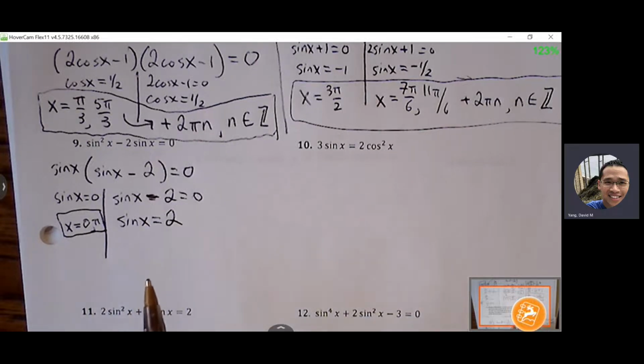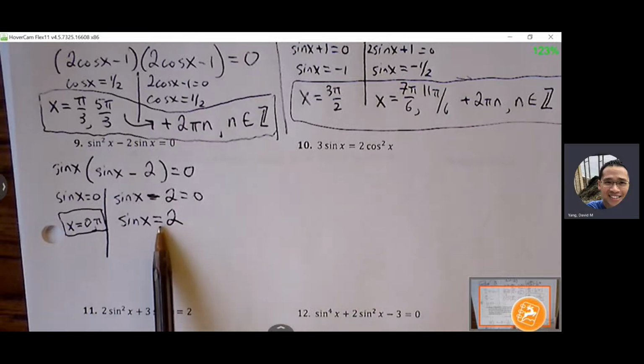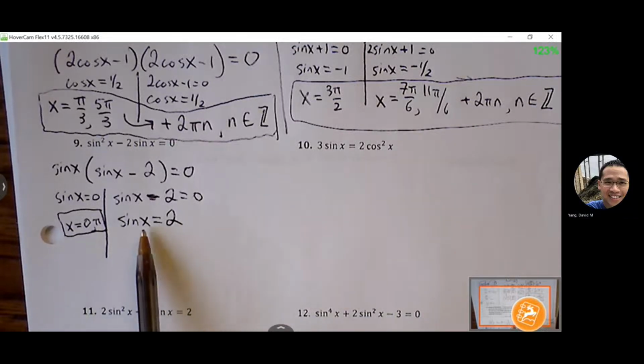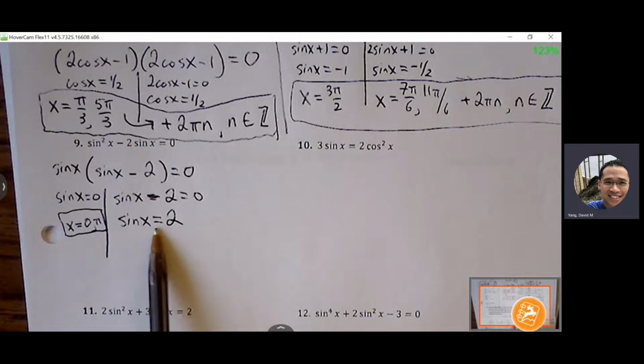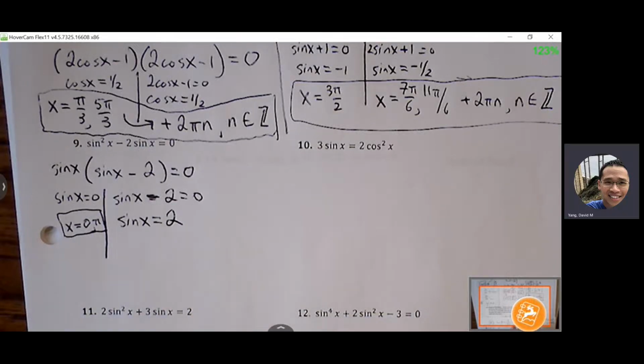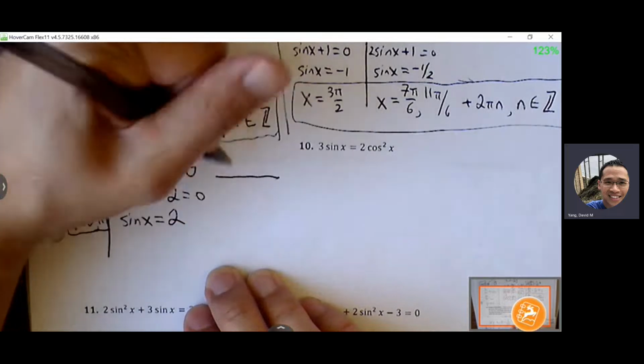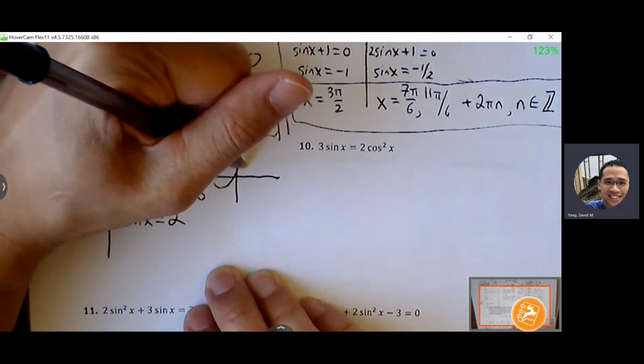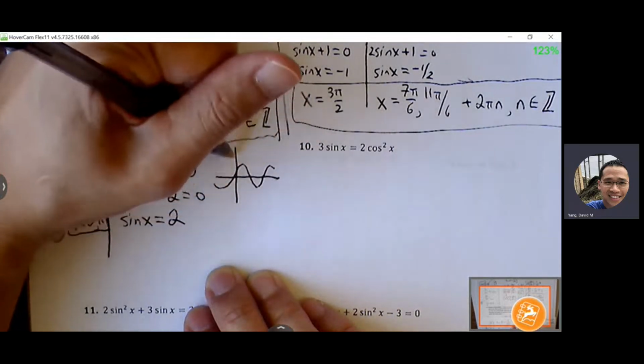Okay, sine of x equals 2. What's strange about this? Undefined, because your sine graph is only going to oscillate between what? -1 and 1, right? Think about your parent graph for sine. It's just going to hover between -1 and 1. It's never going to reach 2.